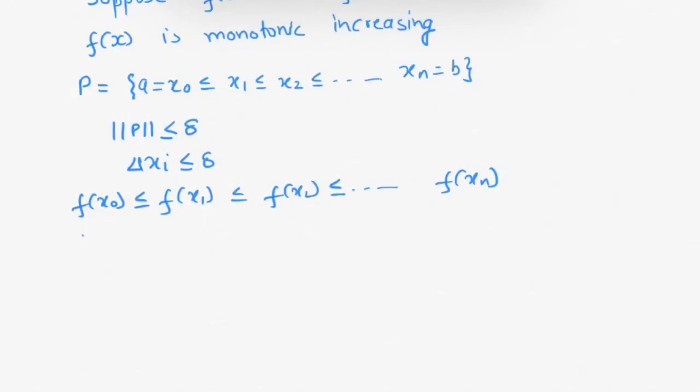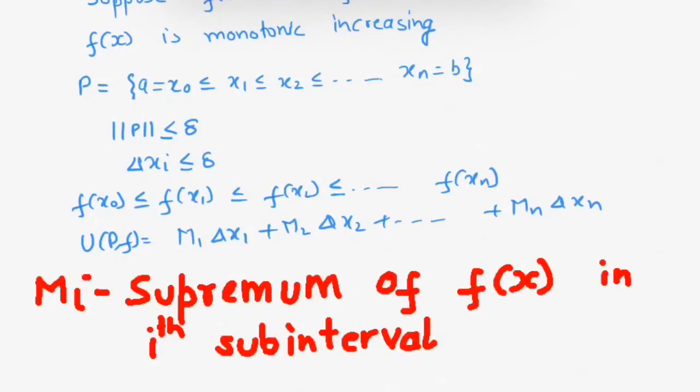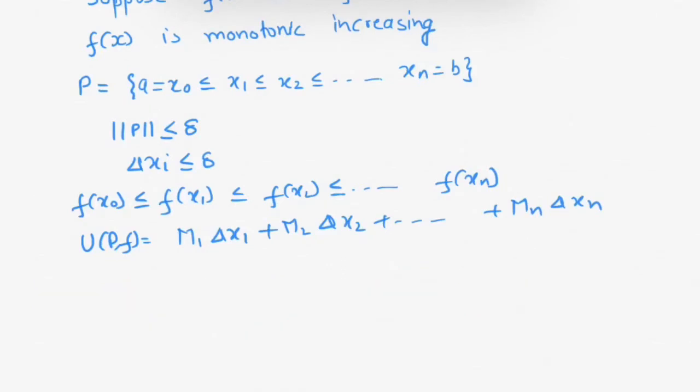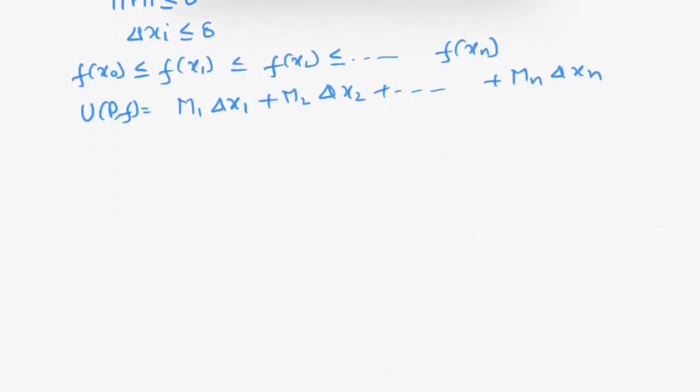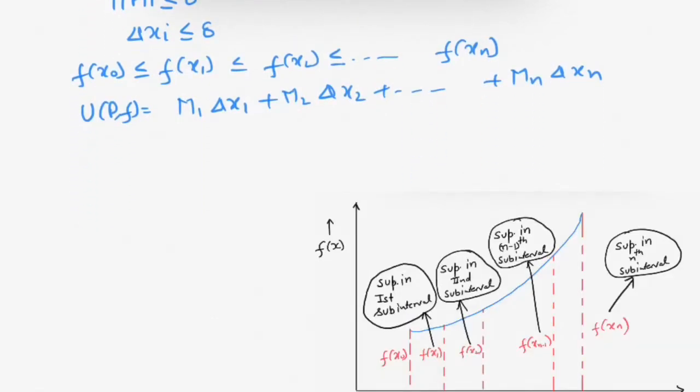So U(P,f) equals capital M1 delta x1 plus capital M2 delta x2 and so on, capital Mn delta xn. Here capital Mi's are the supremum of the function in the ith subinterval. Since f(x) is monotonic increasing, the supremum of f(x) in the first interval will be f(x1). Similarly, the supremum of f(x) in the second subinterval will be f(x2) and so on.